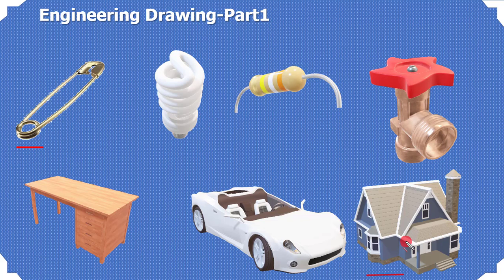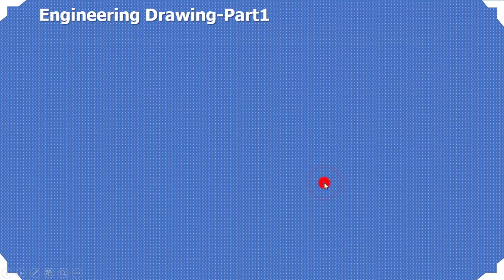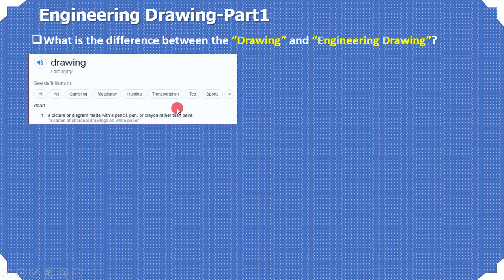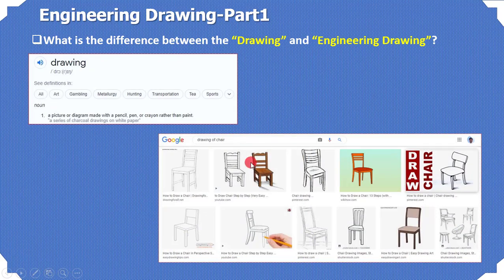One question might have arisen in your mind: what is the difference between a drawing and an engineering drawing? If you google the meaning of drawing, you will find that a drawing is a picture or a diagram made with a pencil or a pen. So it's a very simple drawing, as you can see here.